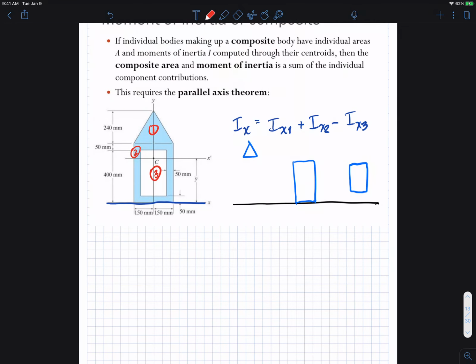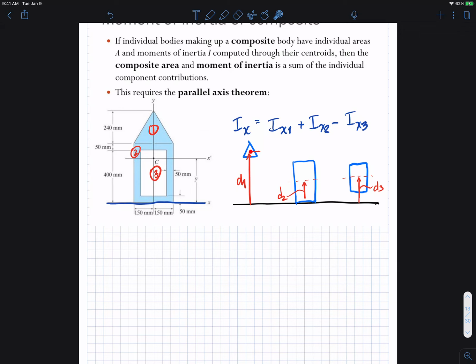And so this would be d1 for Ix1. This one is d2, right? So all of them will require the parallel axis theorem because the centroids of each of these shapes do not lie on the same x-axis as the x-axis that's given in the problem here.